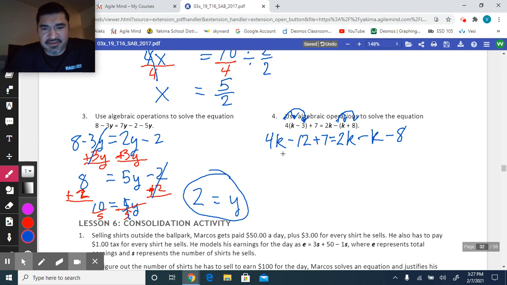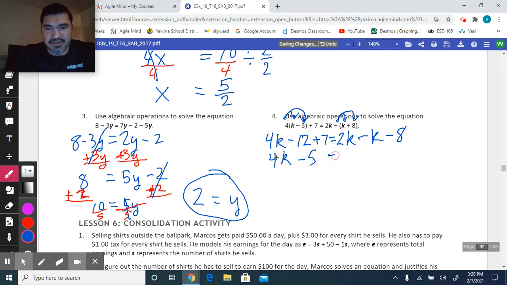Let's take a look down here. What can we clear up here? We've got 4k minus 12 plus 7. Well, I can combine these two terms. Negative 12 plus 7. What does that equal? I hope you said negative 5. And I'm going to bring down this 4k.